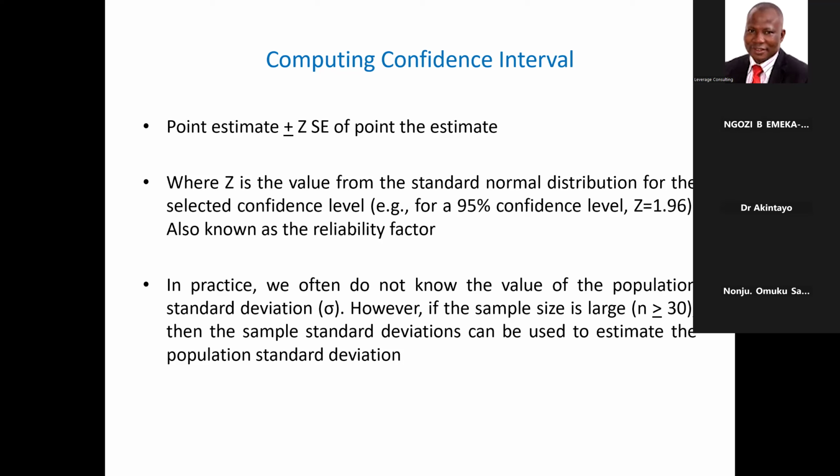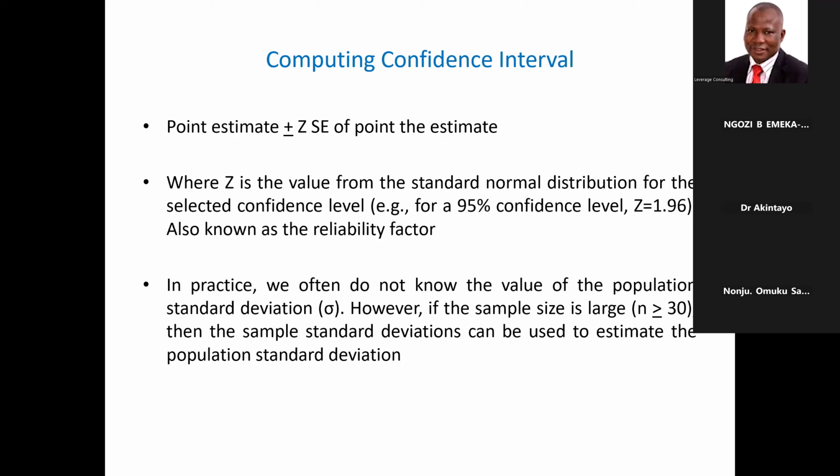Can you see now? You multiply that 1.96 by the standard error. Whatever you get, you remove it from the middle value, which is the point estimate, and it gives you the lower limit. You add it to the point estimate, and it gives you the upper limit. That's why they say point estimate plus or minus Z times standard error, where Z is the value from the standard normal distribution for the selected confidence level.